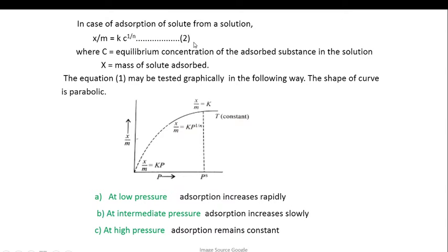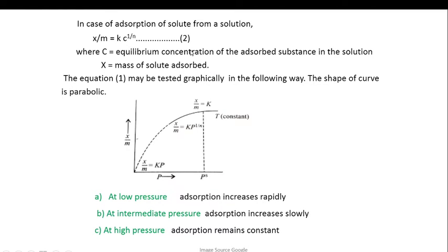This is equation 2, where C is the equilibrium concentration of the adsorbed substance in the solution and x is the mass of solute adsorbed.